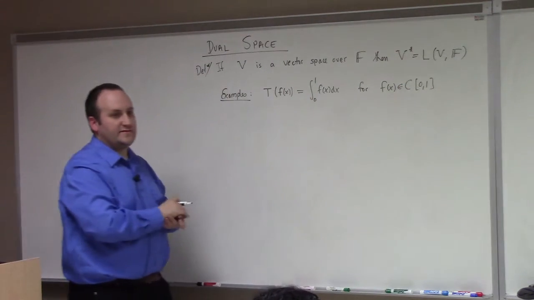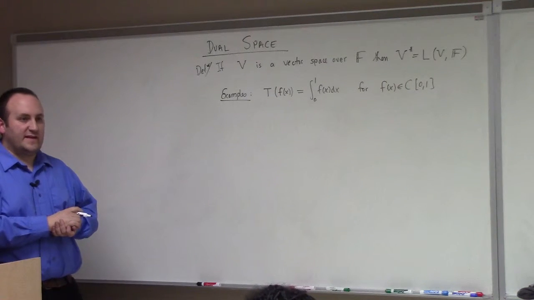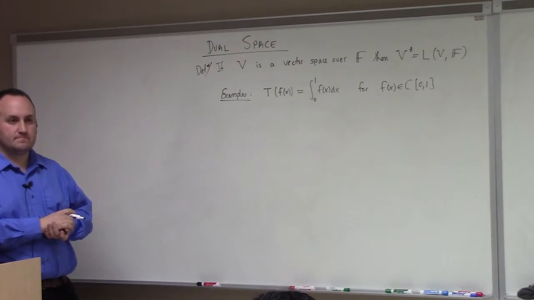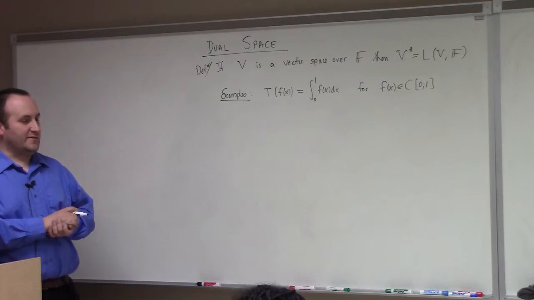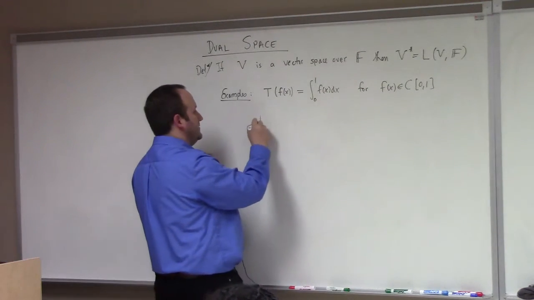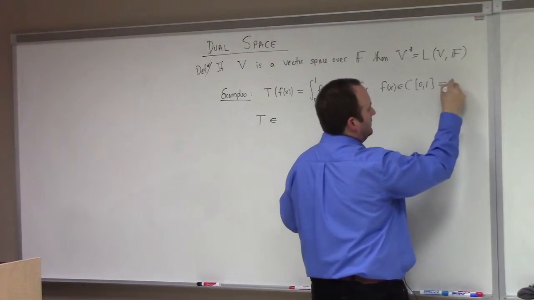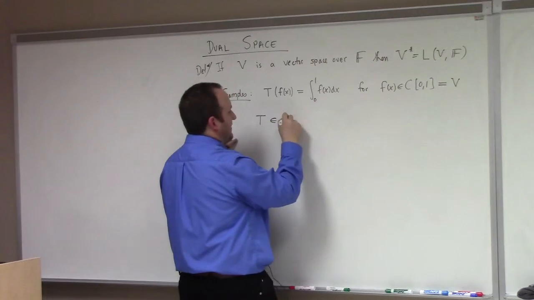So the integral makes sense, okay? Is that linear? Yes, the integral is linear. Is it outputting a real number? Yes. This then shows you that T is an element of, let me call this thing V, so T is an element of V dual.